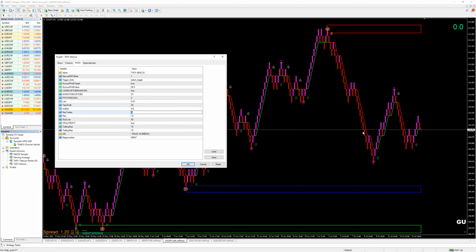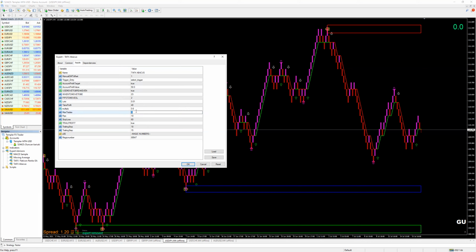So setting 10 pips is like saying in every brick the ABACUS will add another position if the market continues going in your direction until where your take profit is. So you can just set 10 pips there and the number of positions that you want.